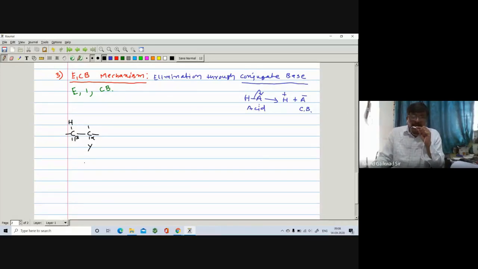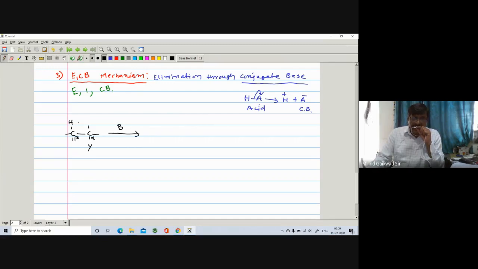Now in this case, what happens? Of course, again the reaction takes place in the presence of a base. Bases are the substances which have the ability to abstract a proton. So here we know there are three processes: C alpha Y breaks, C alpha C beta pi bond formation takes place, and C beta H undergoes breaking, right?